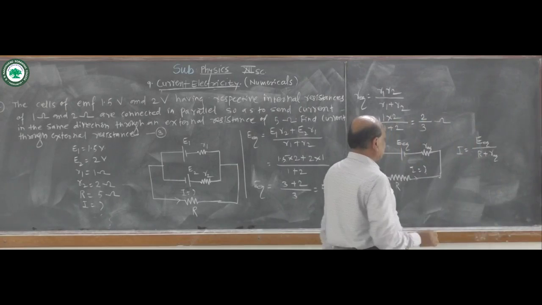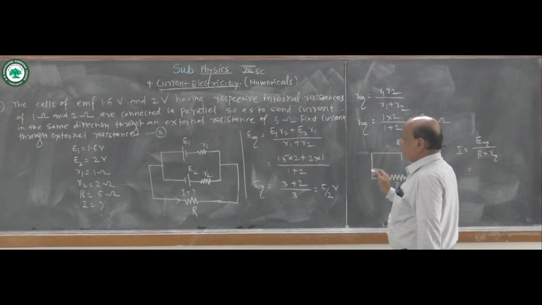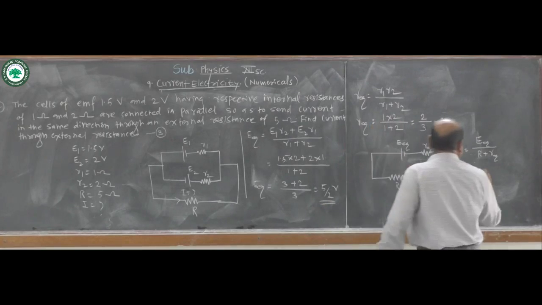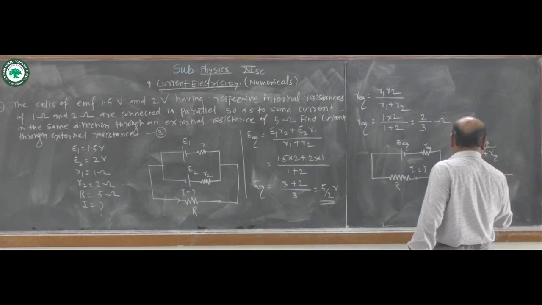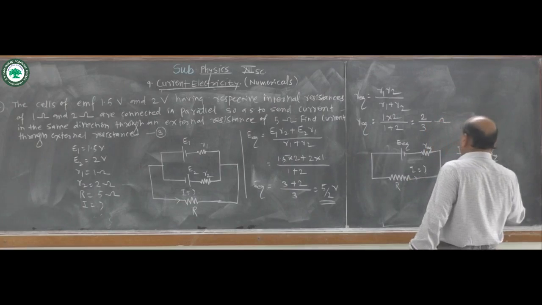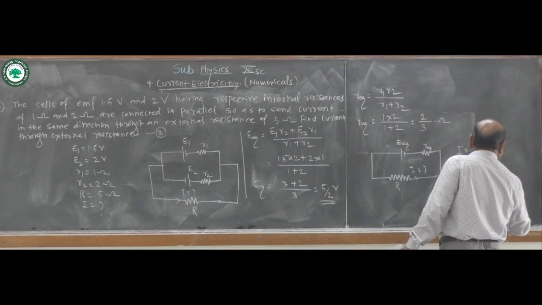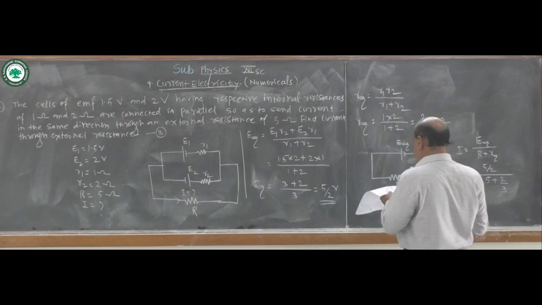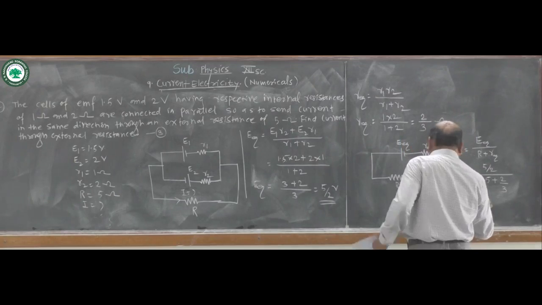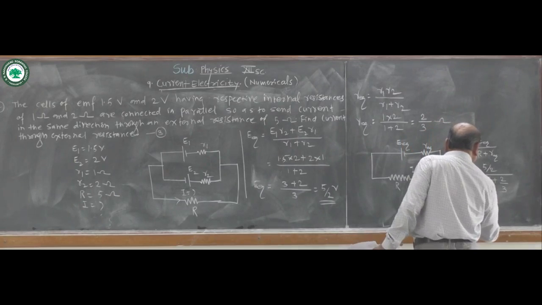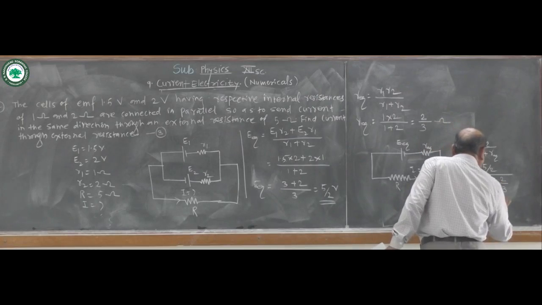Here E equivalent we calculated is 5/2, divided by the value of R which is 5, plus the r equivalent which is 2/3, and that comes to be I equal to 5 divided by 17 in ampere.